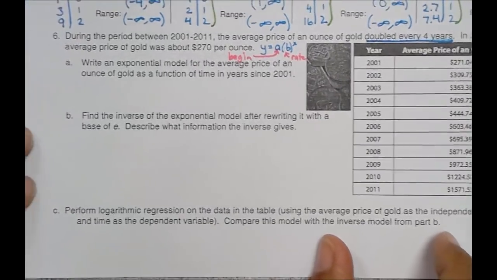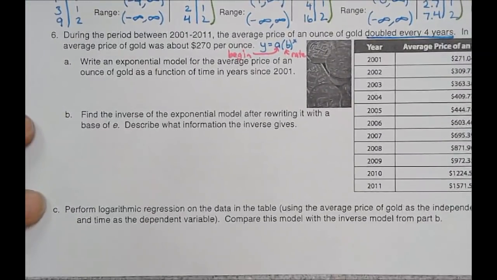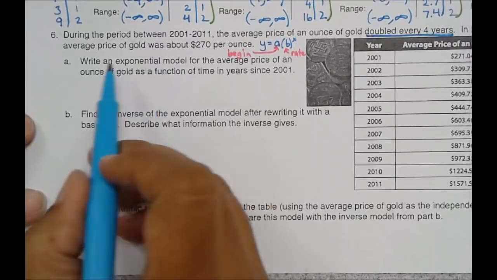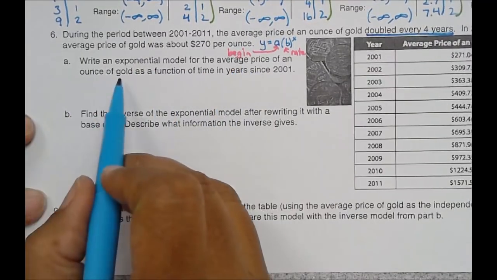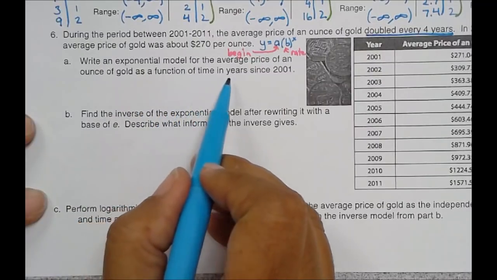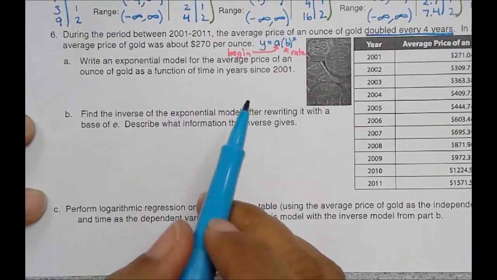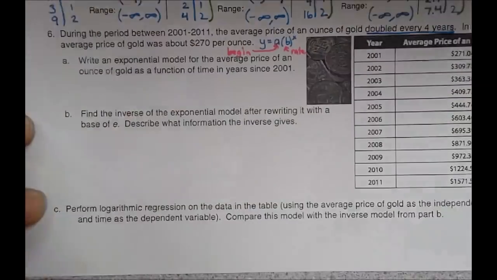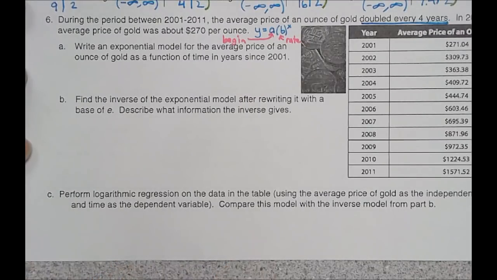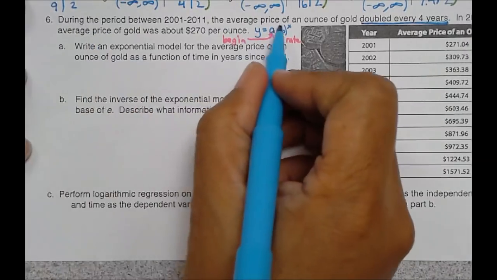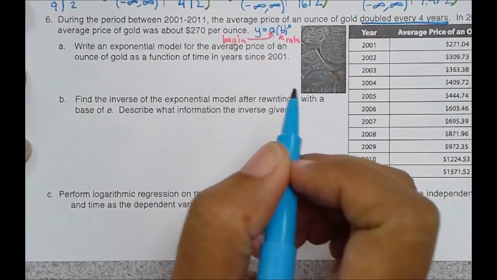So we're going to have to make that representative in the equation. So let's start off with our function model here. We're writing an exponential function for the average price of an ounce of gold as a function of time in years since 2001. Okay, so let's write this exponential model. So here's what the exponential model should look like.